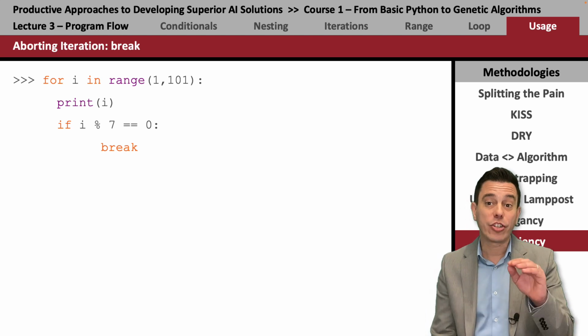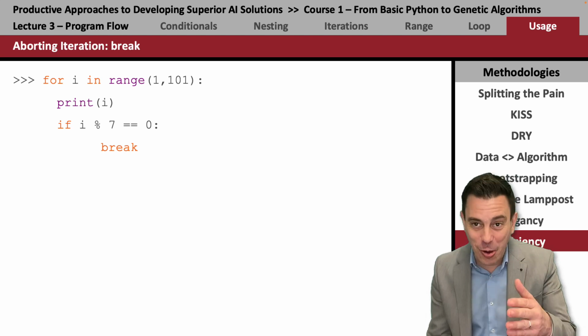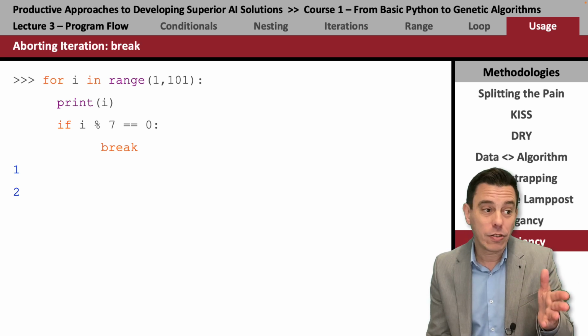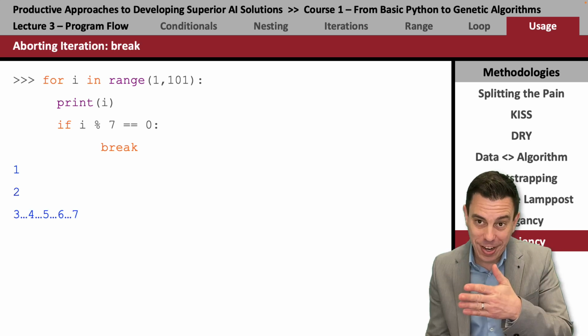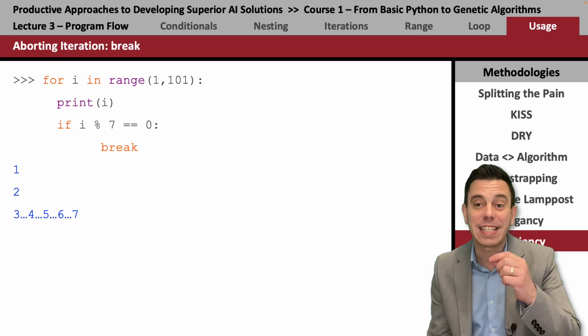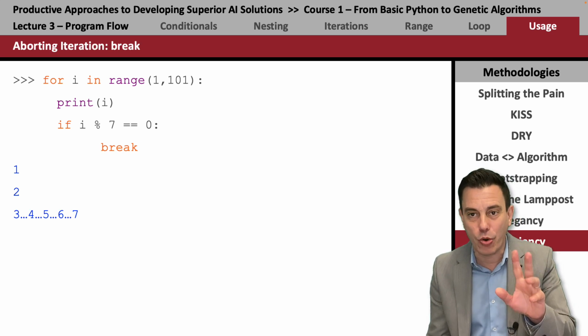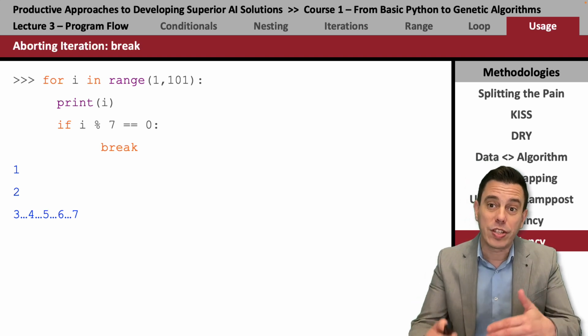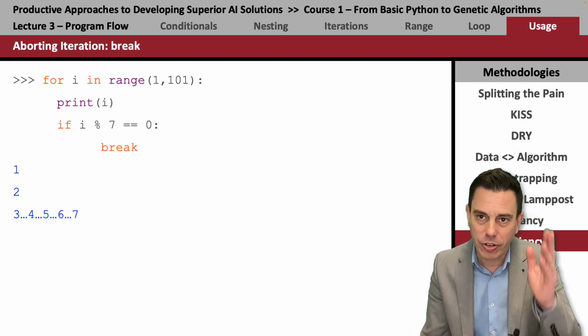The break command will just stop the loop, and therefore the result will be 1, 2, 3, 4, 5, 6, 7, and then we break. We stop the loop command and continue with the next command, whatever it is.